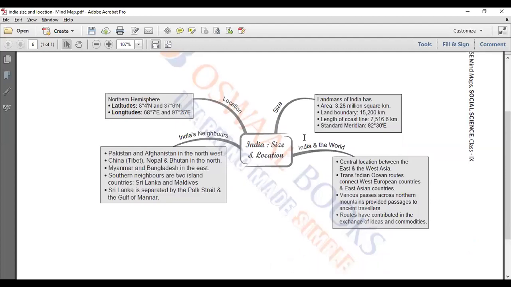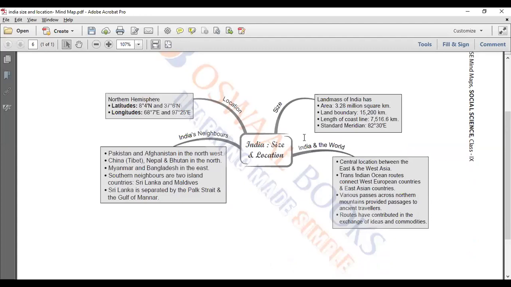Over here, everything is very nicely summed up. Sri Lanka is separated by Palk Strait and the Gulf of Mannar. Maldives is separated only by the Gulf of Mannar. India lies in the northern hemisphere. There are the latitudinal extent and the longitudinal extent.